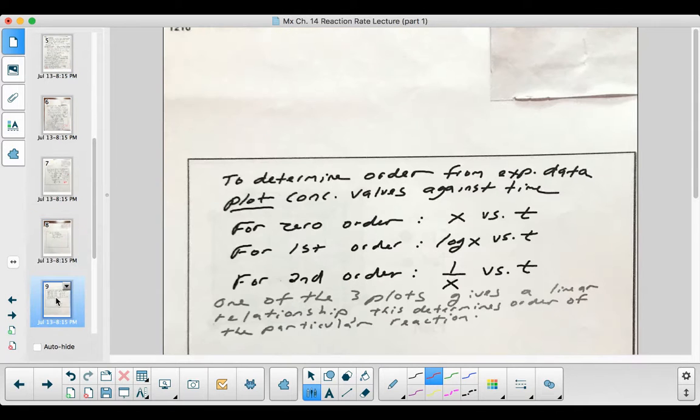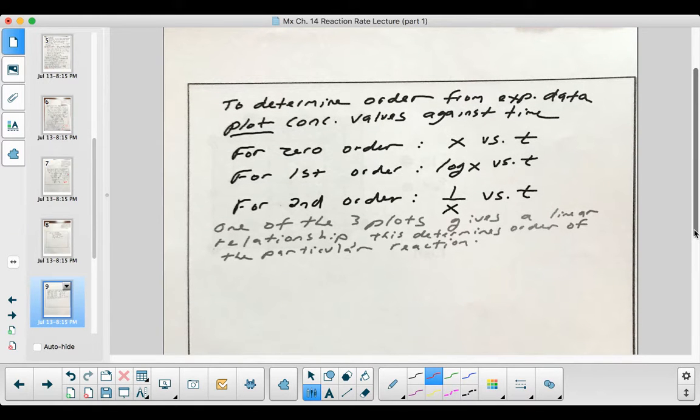Essentially what you're going to learn in the lab that you're going to do this week is how we can use graphing of data to determine the order of a particular reaction. What we'll find out through the lab is that for a zero order reaction, plotting X versus T would lead to a linear graph.